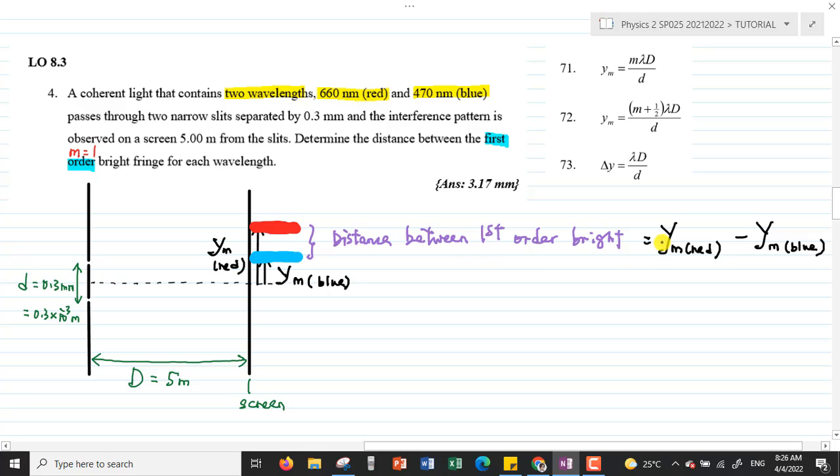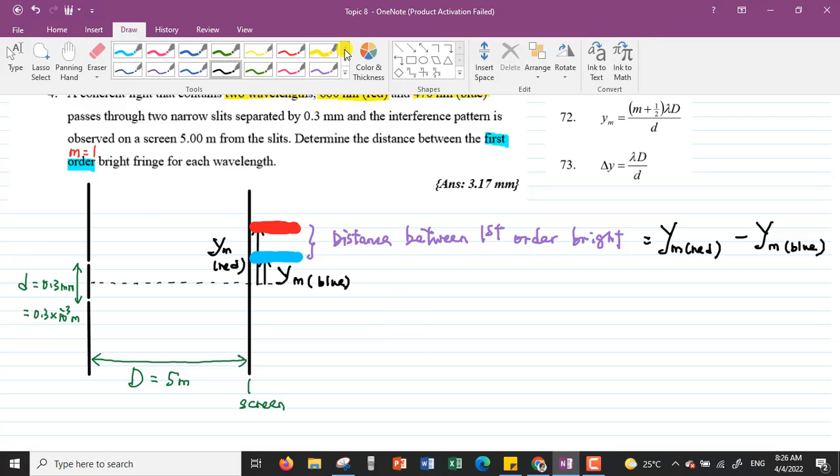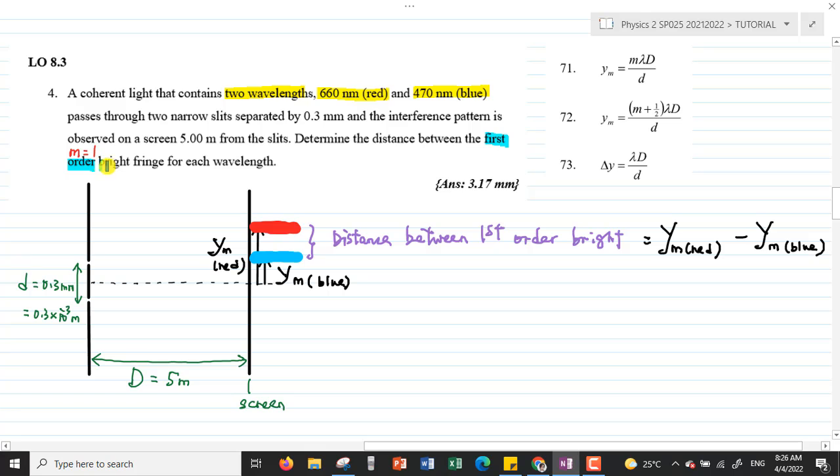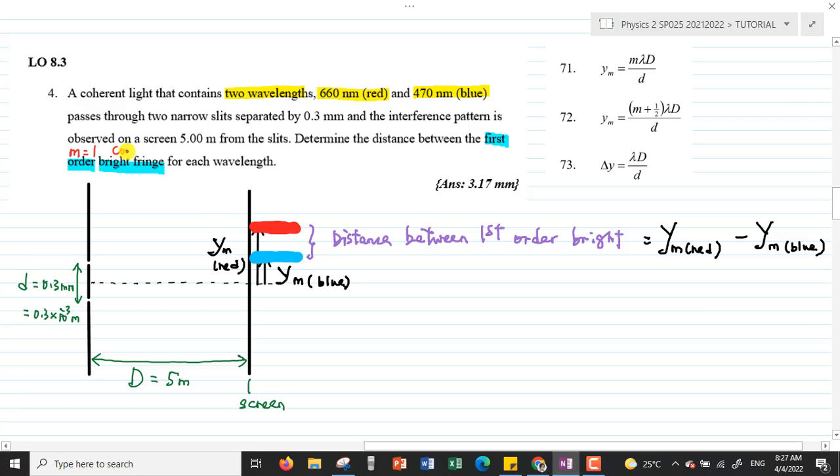So in order to solve this question, we have to calculate the distance of the first order bright fringe for the red light from the central maximum. Same goes for the blue light. Because it is bright fringe, it means constructive interference.